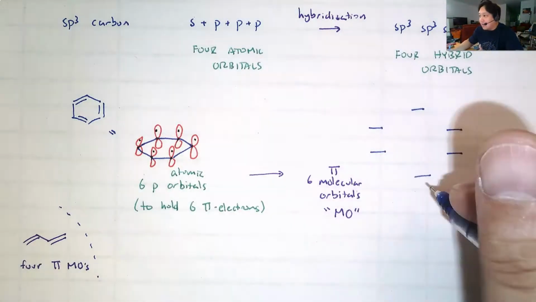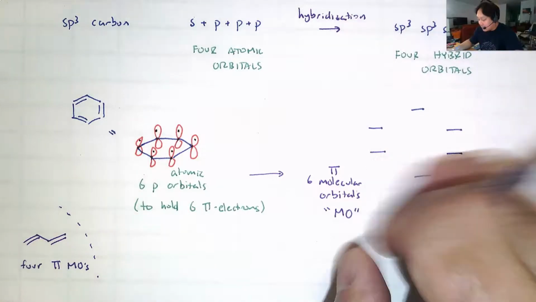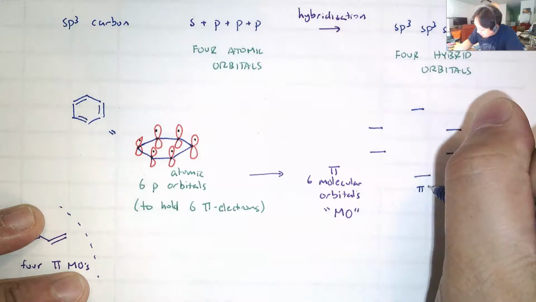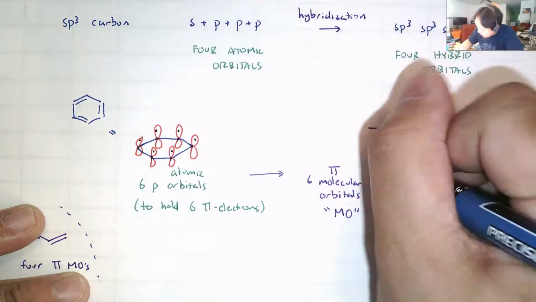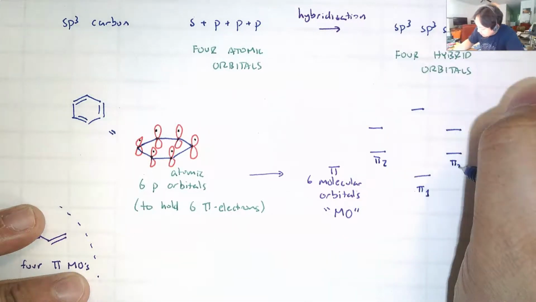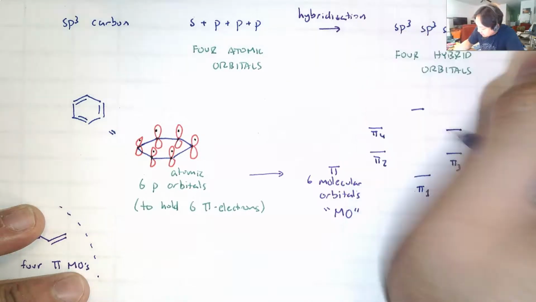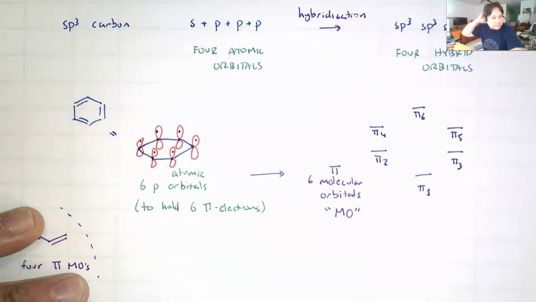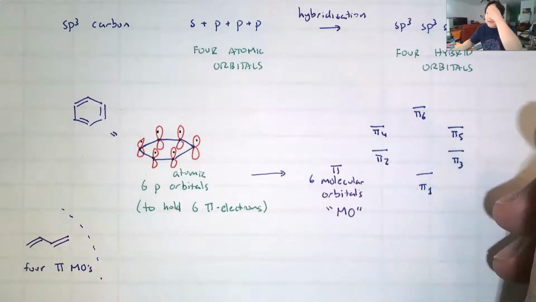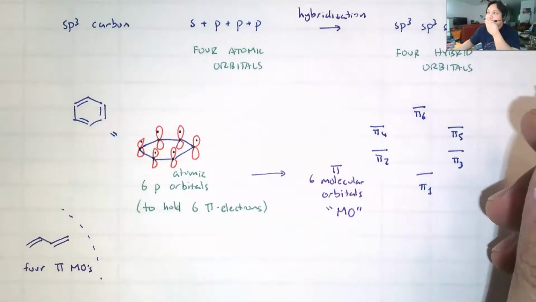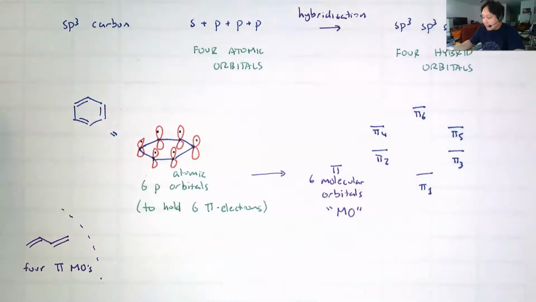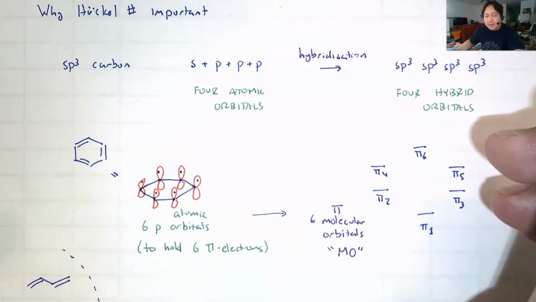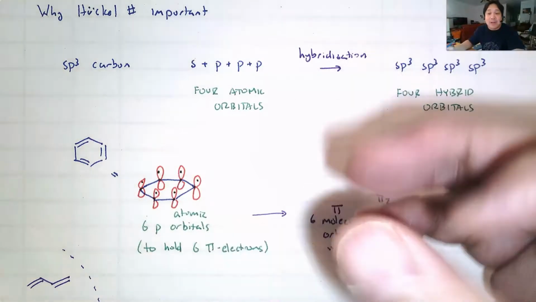Pi 1, pi 2, pi 3, pi 4, pi 5, pi 6. Do you recall that when we did hybrid orbitals, we could still have orbitals and they still exist even though they're not occupied?